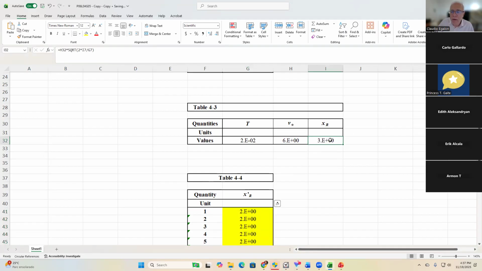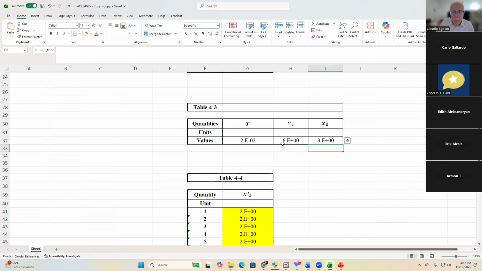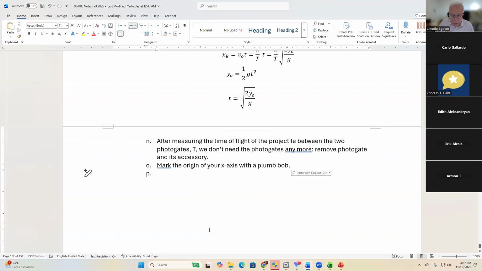Here's a result: the equation that I displayed for you, velocity times time of flight, the time of flight to reach the floor. Let's emphasize here in the notes. I'm going to write that down right in here.